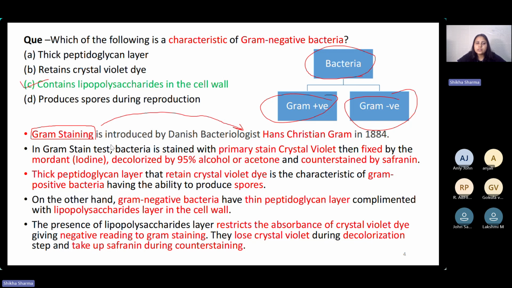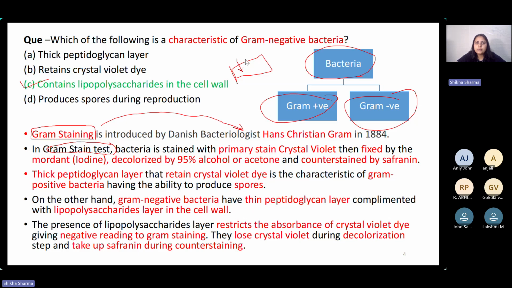In this gram stain test, first the bacteria are put on a glass slide and air dried, so a bacterial smear is prepared on the glass slide.